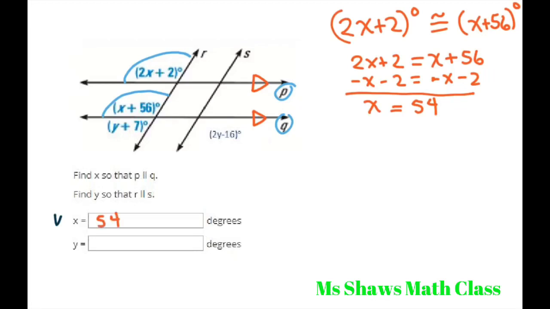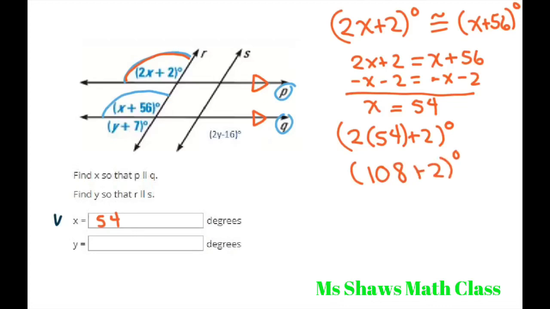not degrees. So our degrees would be where you plug it back in. So 2 times 54 plus 2 degrees. So that's going to be 108 plus 2 degrees, which is 110 degrees.